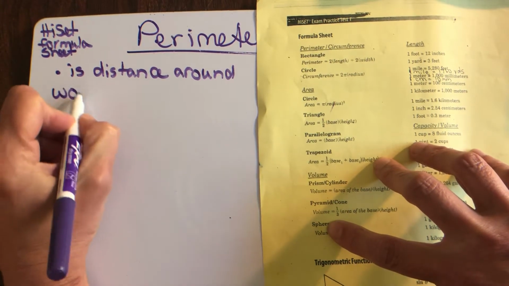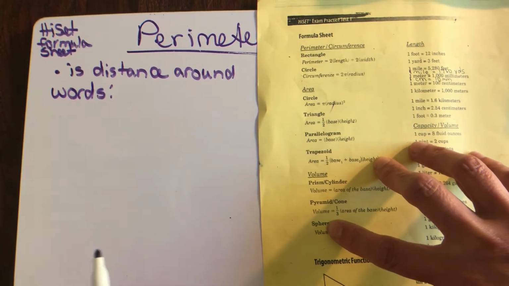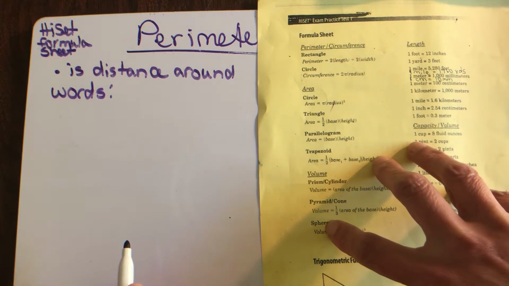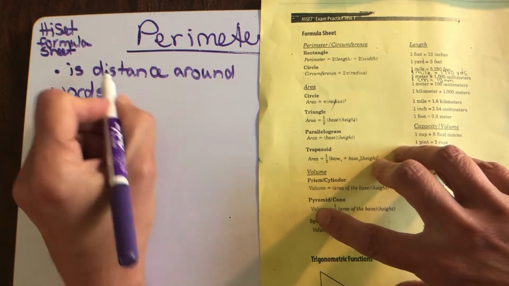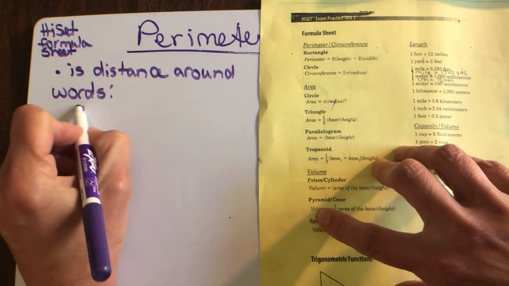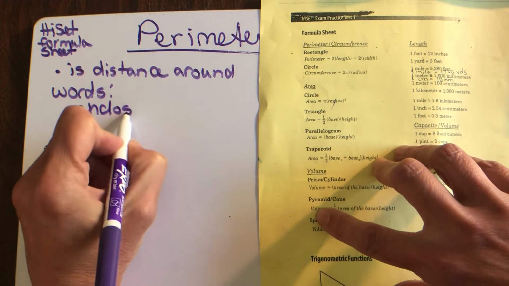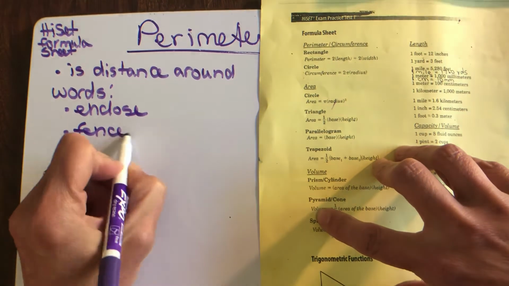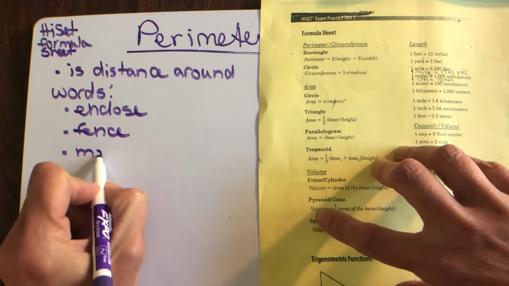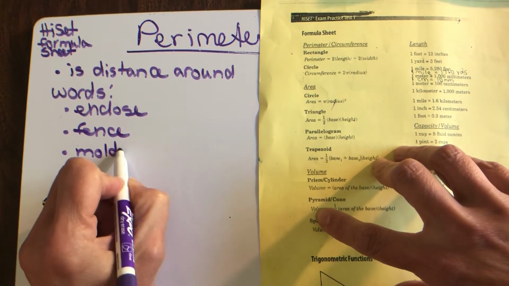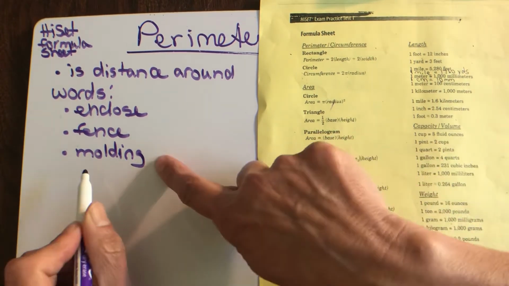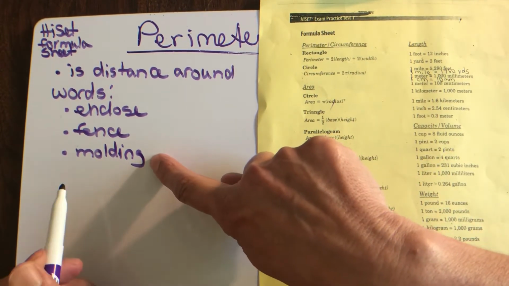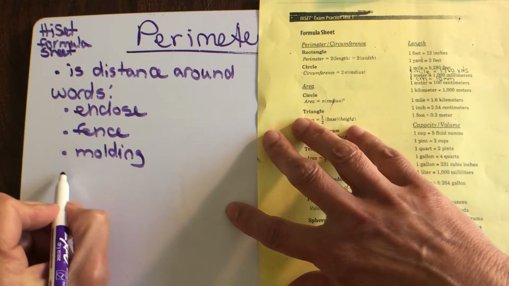So common words that we see in a word problem, because remember your test is all word problems, is, of course, they may say distance around, they may say enclose, they may talk about getting a fence installed, they may talk about molding. Molding is the stuff they put around the floor or the ceiling or around the doors and the windows.